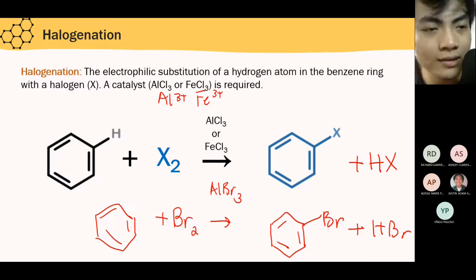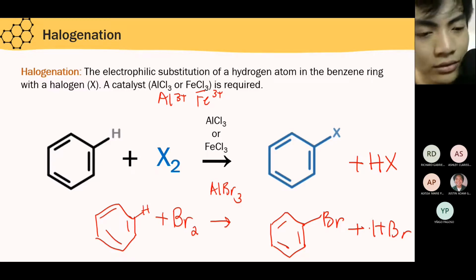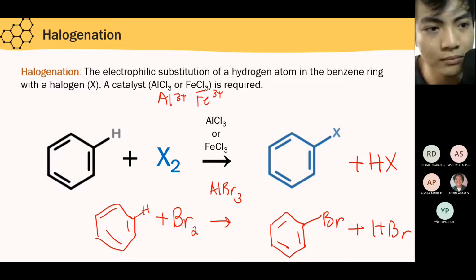But with the catalyst, either this or this, pwedeng aluminum, pwedeng iron 3. So, with the catalyst, dun siya magpapalit. Okay? So, yung original hydrogen dyan, mapapalitan ng isang bromine. Tapos yung isang bromine, kakabit dun sa natanggal na hydrogen to form HBr, the hydrobromic acid. Ganun lang kasimple.